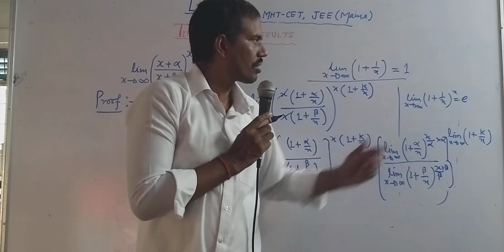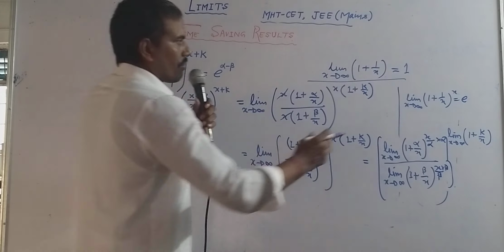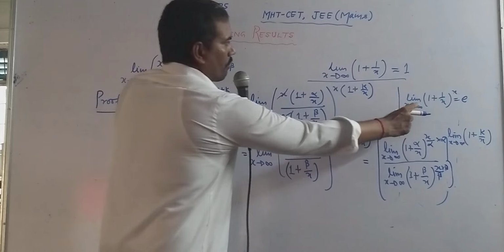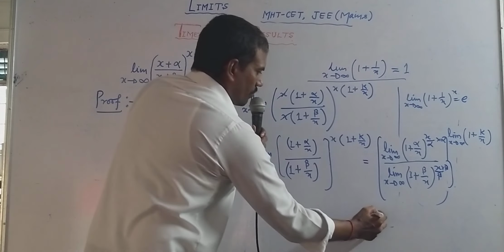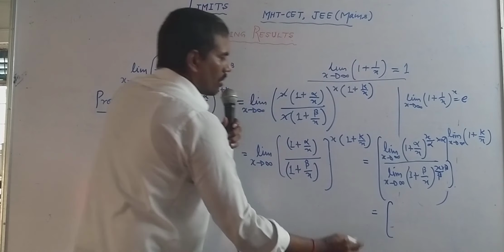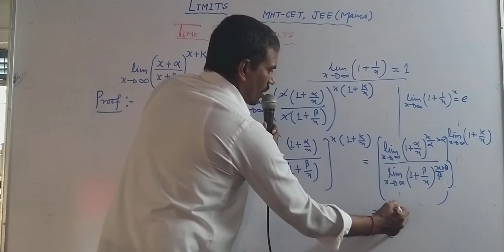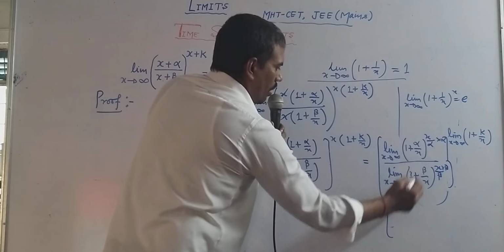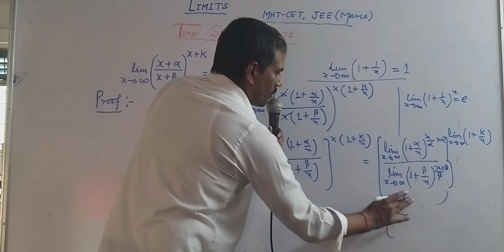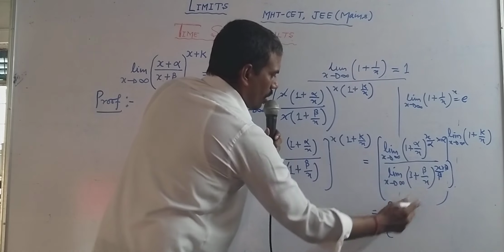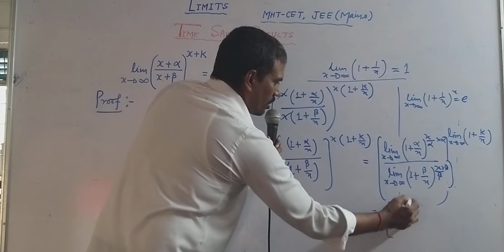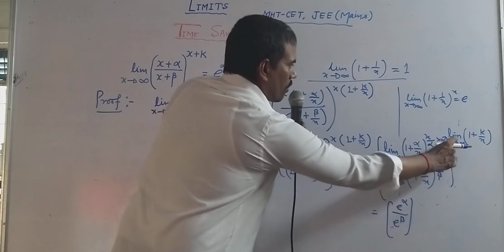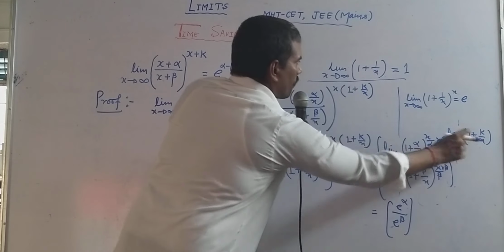So we can use our formula, which is limit of (1 plus 1 upon x) to the power x is equal to e. Here this term becomes e to the power alpha, and divided by this term, which also becomes e, and the remaining term is beta: e to the power beta, and at the power, limit of 1 plus k upon x.